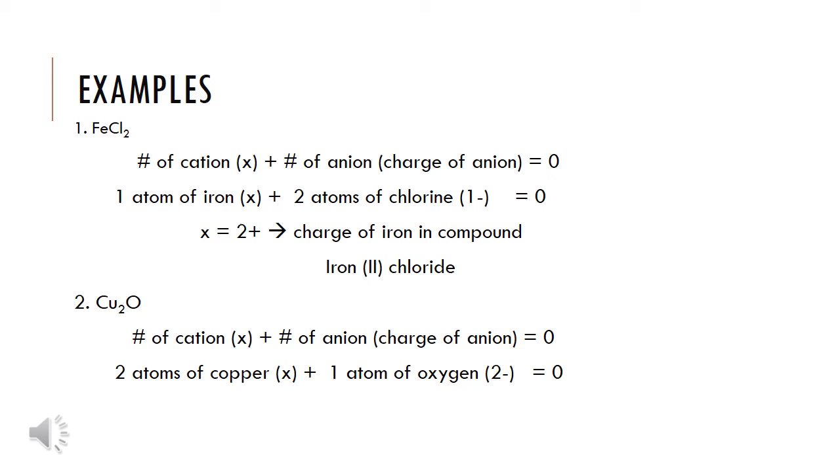Oxygen forms a 2 minus ion. All this together has to equal 0. So 2x plus a negative 2 equals 0, so 2x equals 2, so x equals 1 plus. The 1 plus is the charge of the copper in the compound, so it's copper 1 oxide.